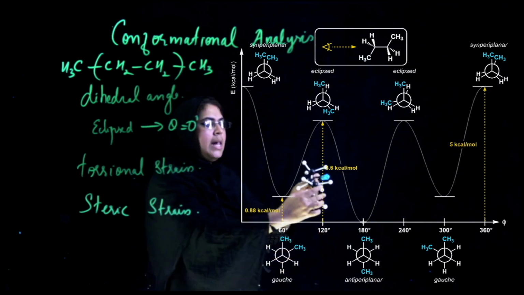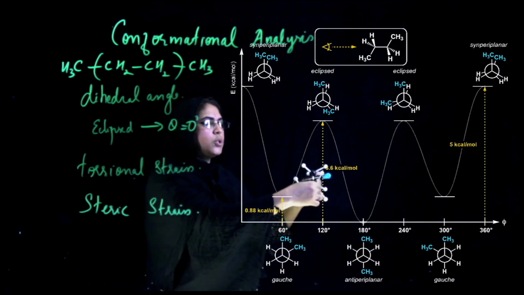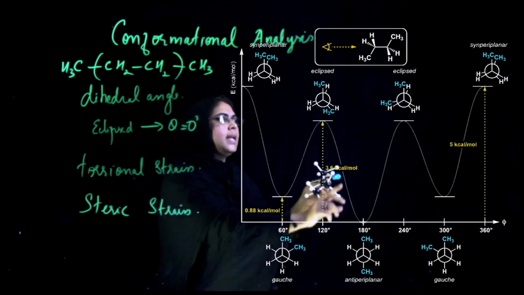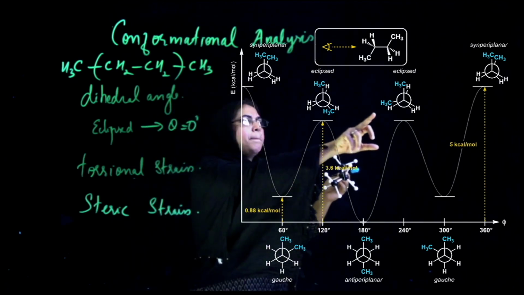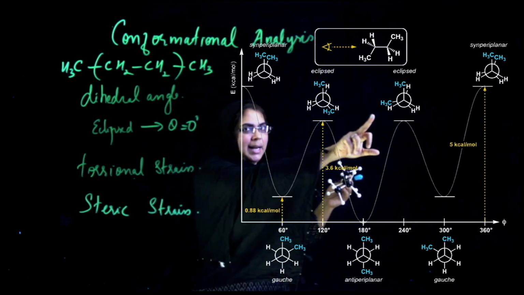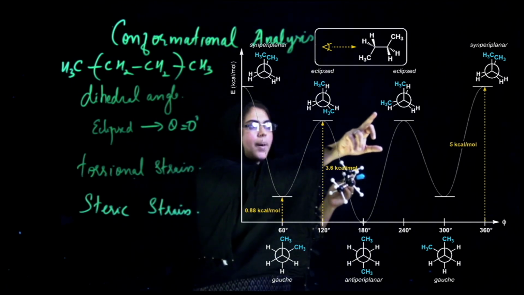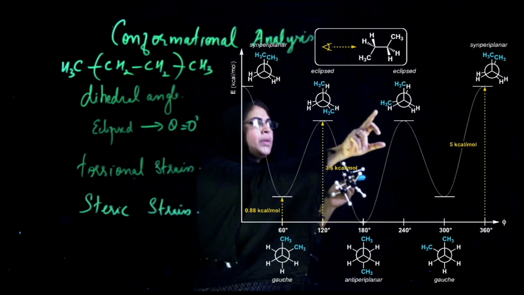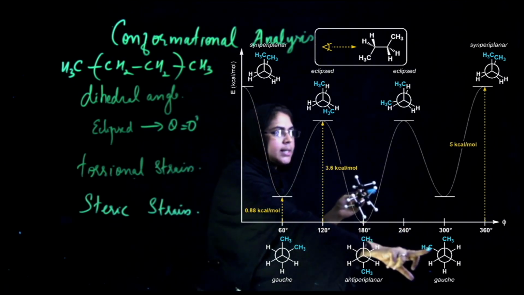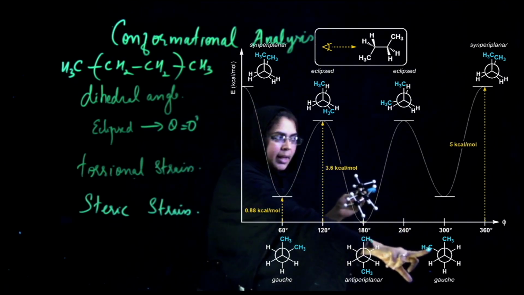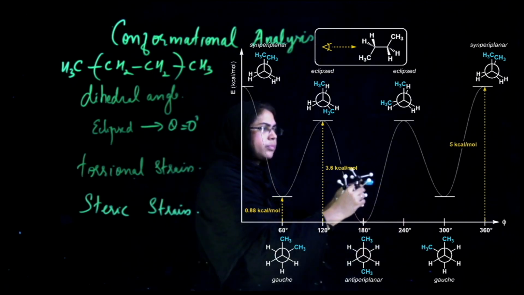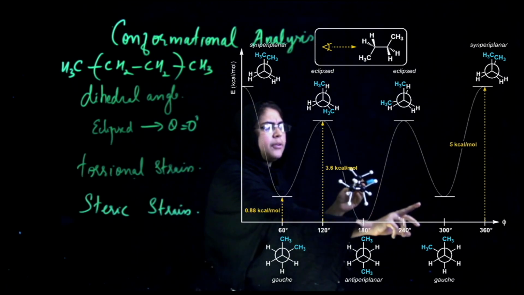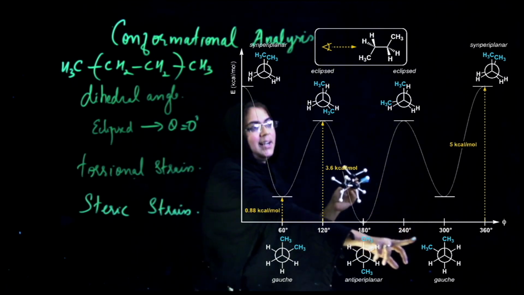Then when we rotate to 240 degrees, again it comes to an eclipsed conformation, but it is partially eclipsed. With another 60 degrees, that is 300 degrees, we get another partly staggered conformation that we call the gauche conformation.